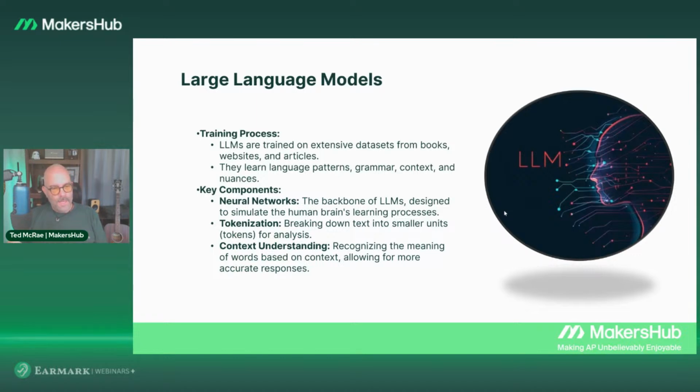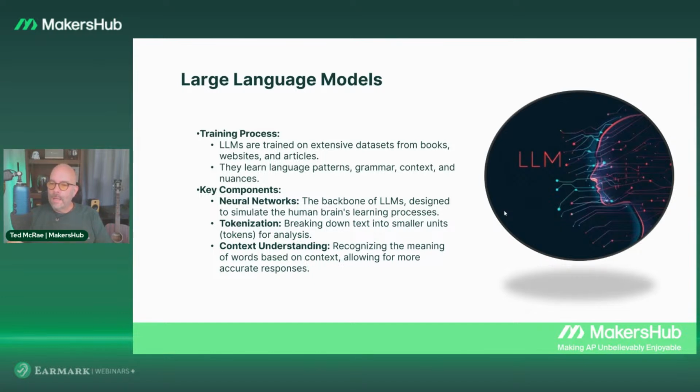But then we have tokenization. And we're going to go over tokenization, and this is all very important, because this is how our product understands what it's reading, instead of just being programmed to read a few bits and bytes of things. And this is what we'll talk about when we compare the old school OCR to what we're doing currently.